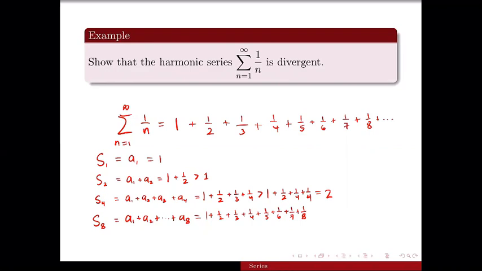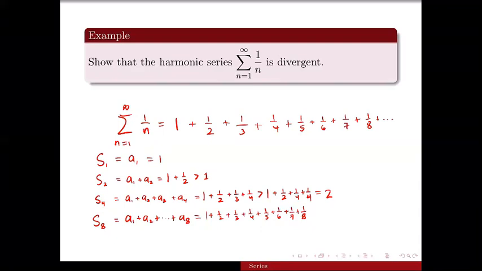1 over 5, if you look at this, 1 over 5 is greater than 1 over 6. It's also greater than 1 over 7. It's also greater than 1 over 8. Okay?